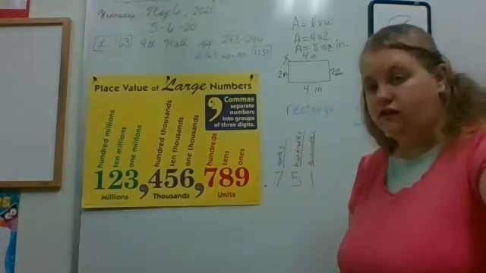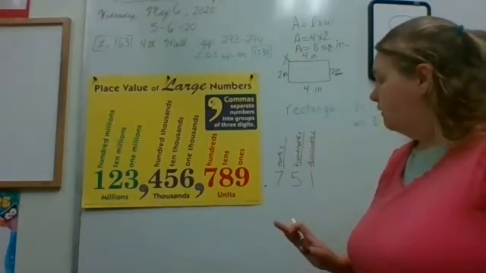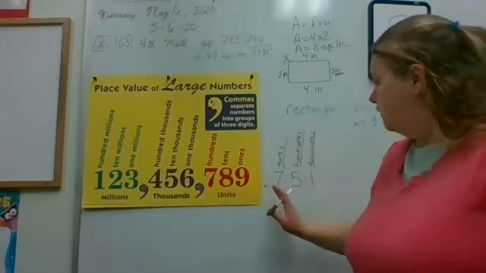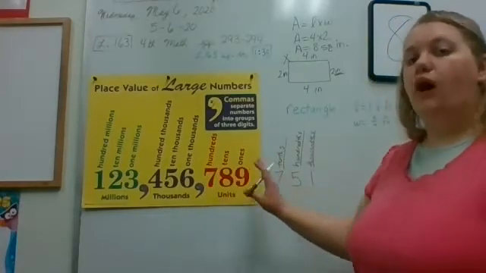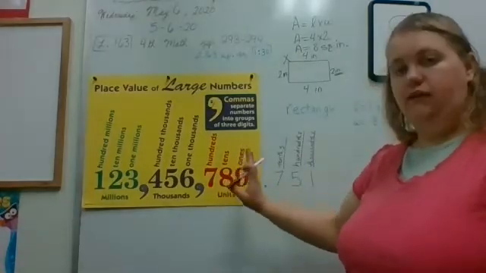And then thousandths. So tenths, hundredths, and thousandths. So it starts, the ones, we only have 1. Keep that in mind.